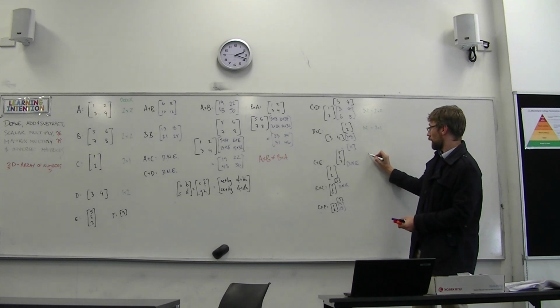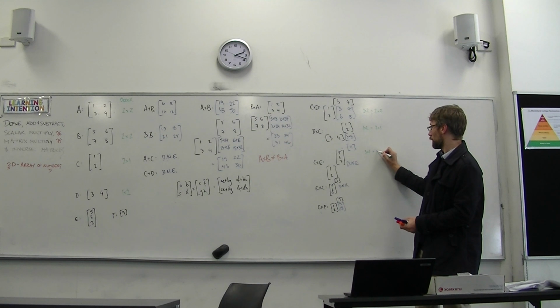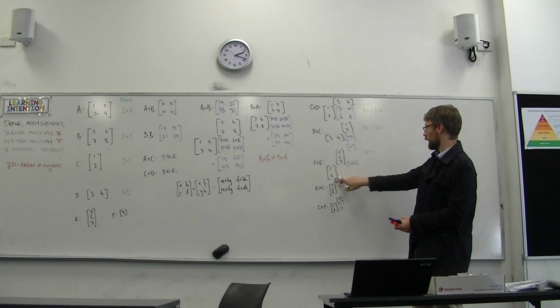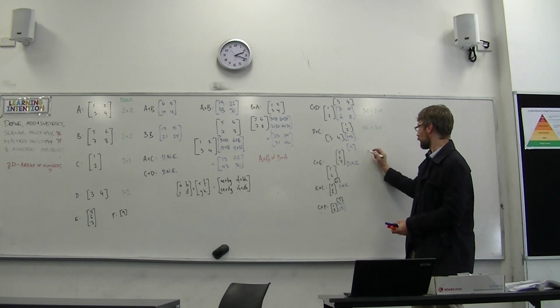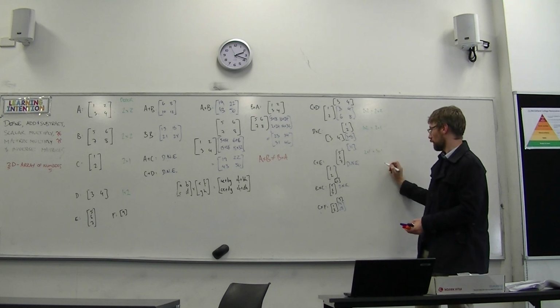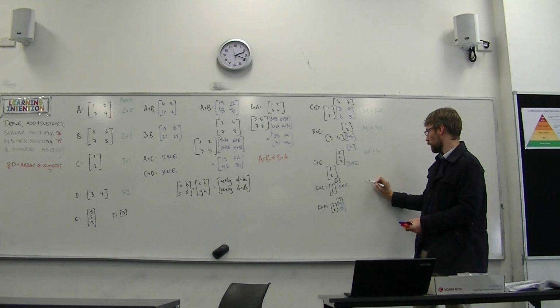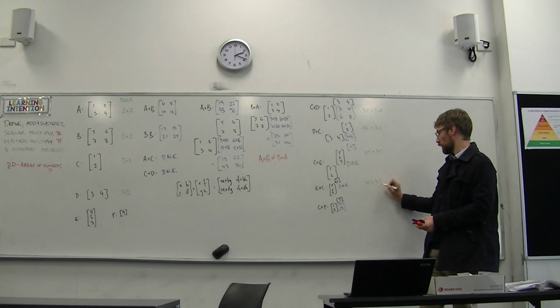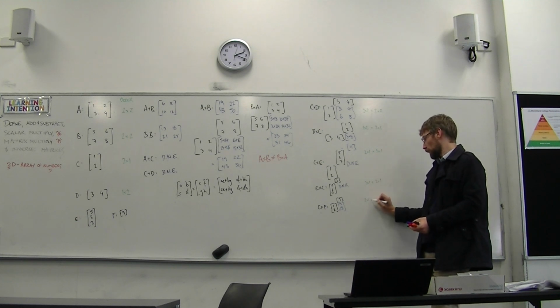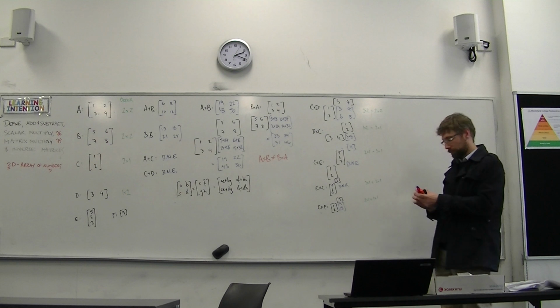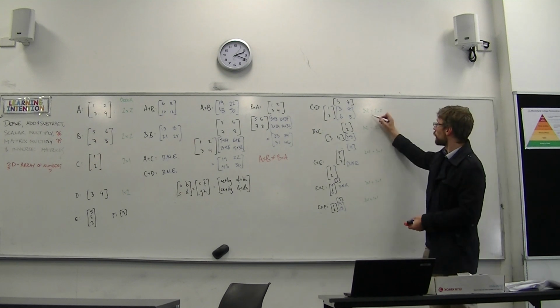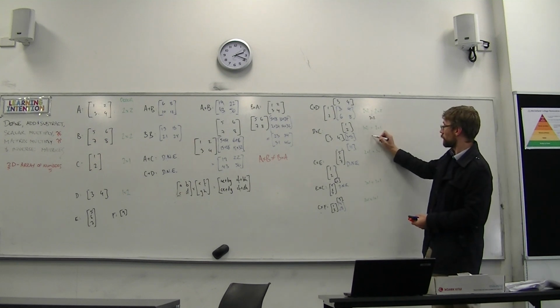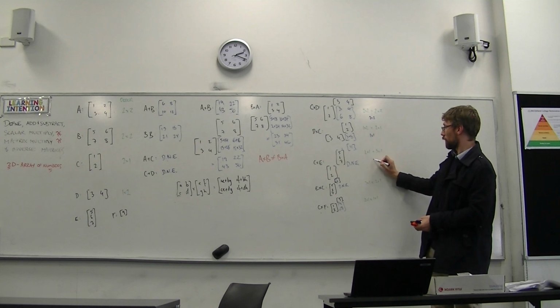Here I had a 2 by 1 multiplying by a 3 by 1. Here I had a 3 by 1 multiplying by a 2 by 1. Here I had a 2 by 1 multiplying by a 1 by 1. And this one I got a result of 2 by 2. This one I got a result of 1 by 1. This one I got a result of nothing.